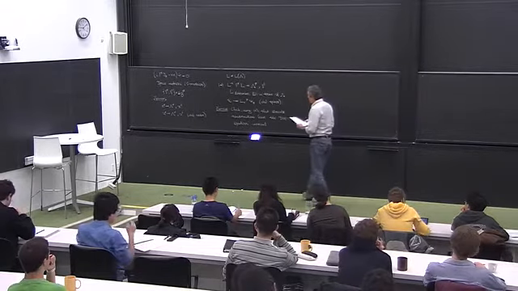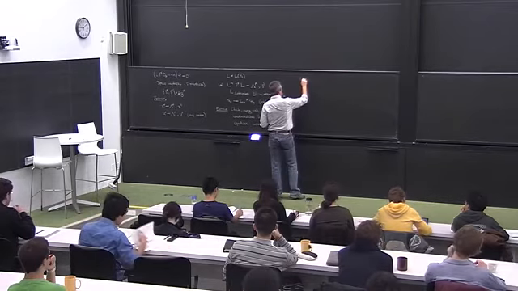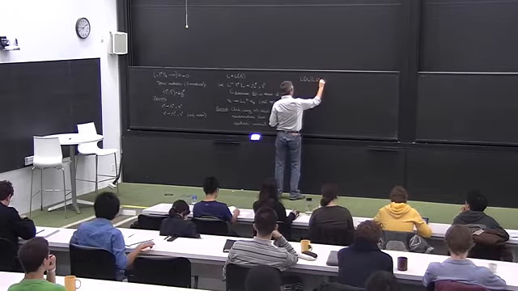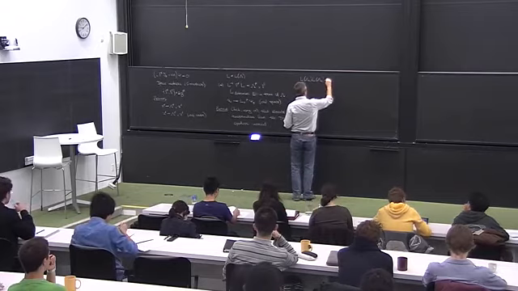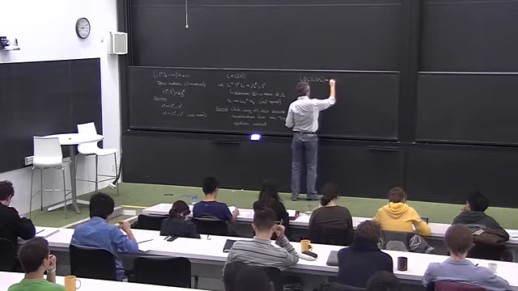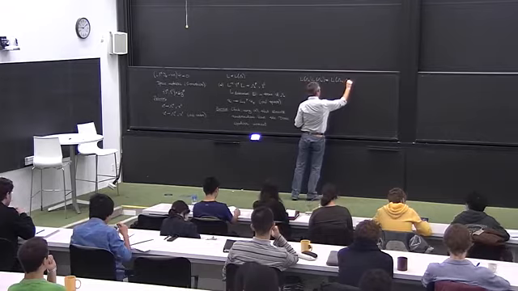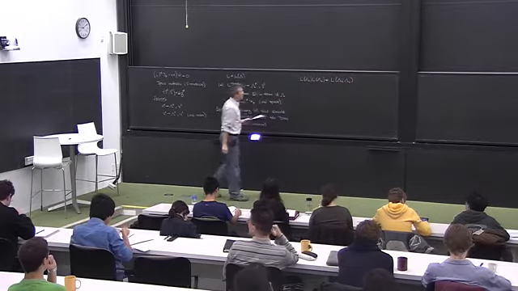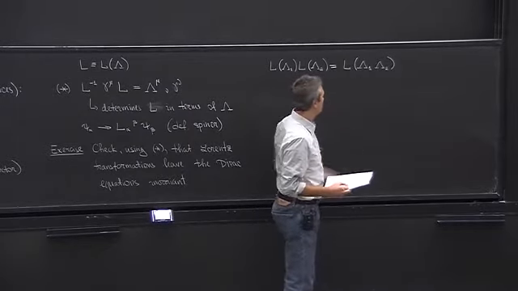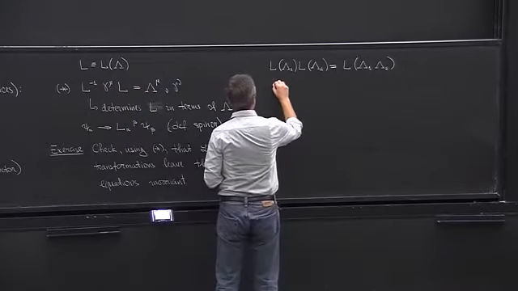So to check that L forms a representation of the Lorentz group, we need the following conditions to be satisfied. If you take the product of two L's corresponding to two Lorentz transformations, this should be equivalent to L evaluated for the combined transformation, that's a product of lambda 1 and lambda 2.